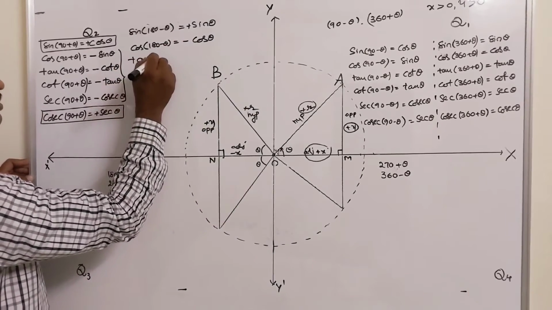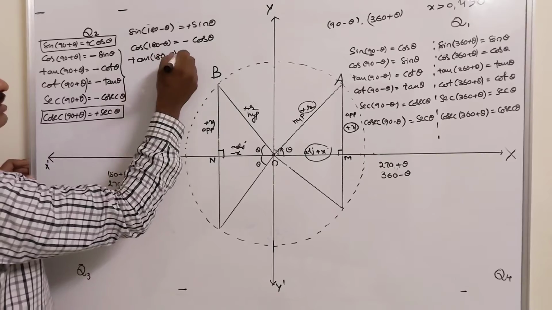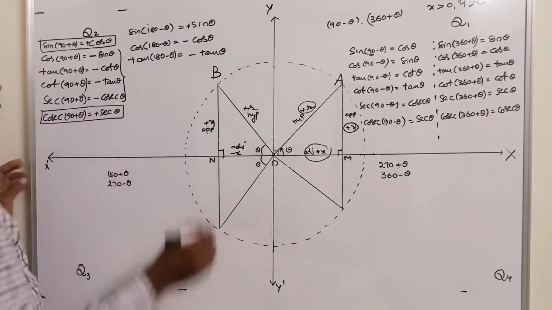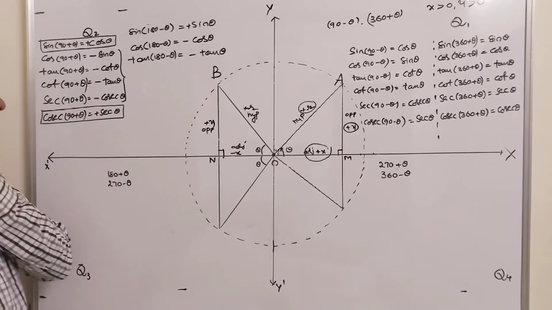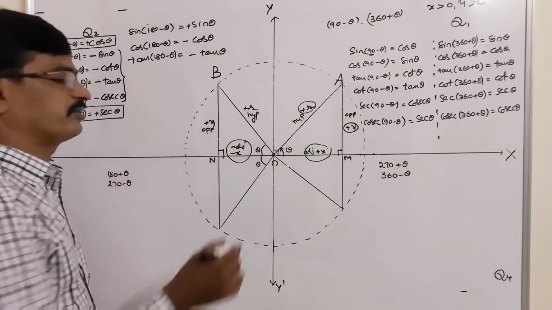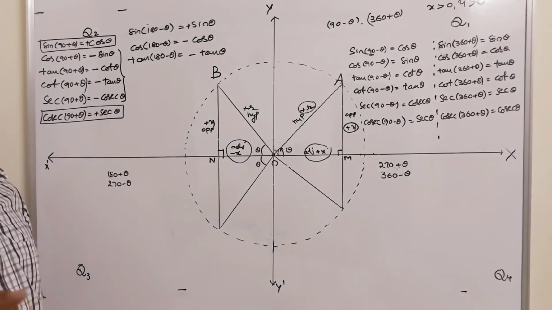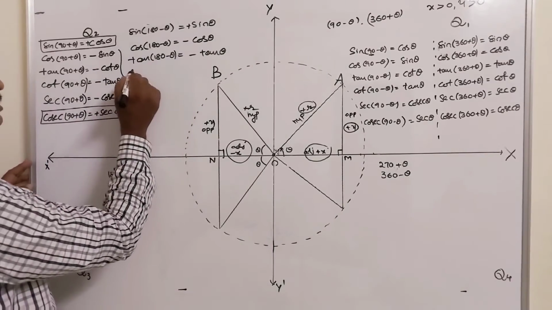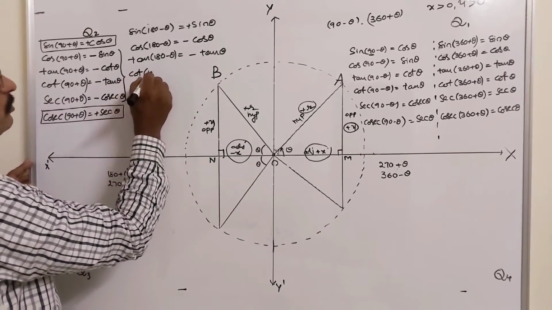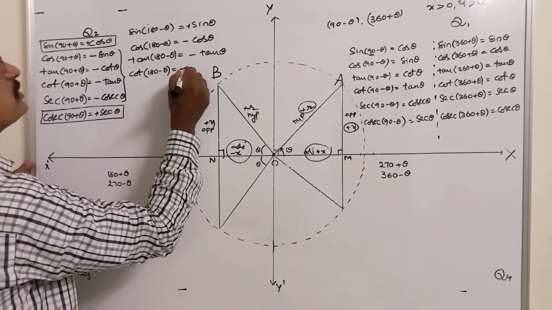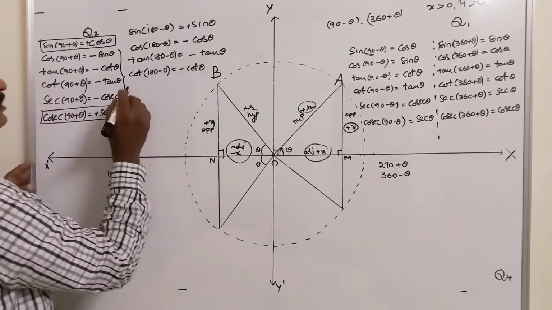Tan of 180 minus theta is equal to minus tan theta. Because in the 6 trigonometric ratios, which ratios contain the adjacent side? Cos, tan, cot, secant. So those ratios are negative. Cot of 180 minus theta is equal to minus cot theta.